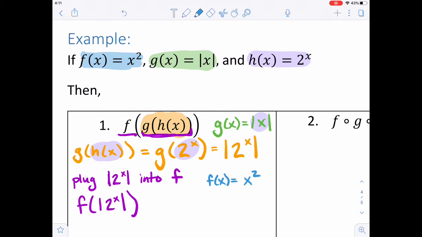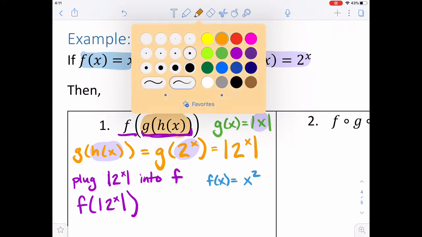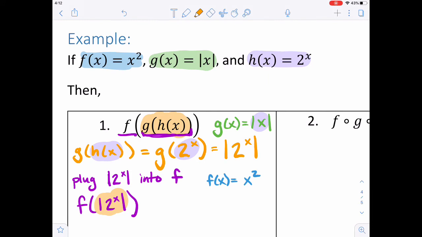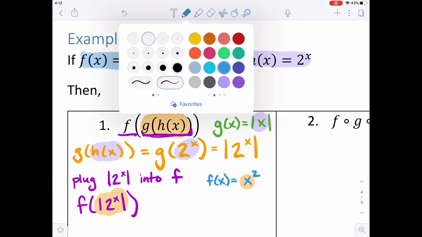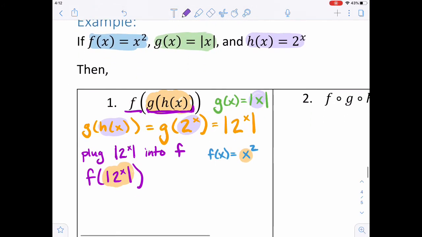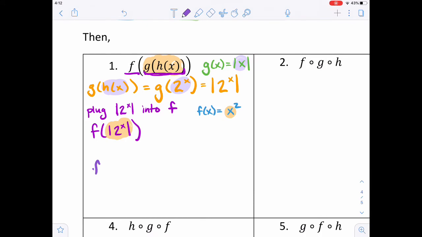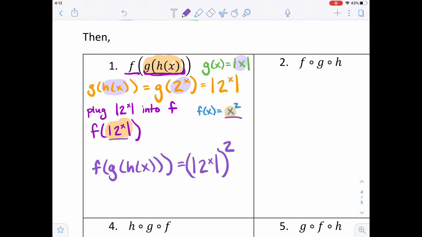So if we're plugging this in, that means that we're plugging the absolute value of 2 to the x into x. So that means we're going to get that f of g of h of x is equal to this guy, absolute value of 2 to the x, squared. So that's our final answer.